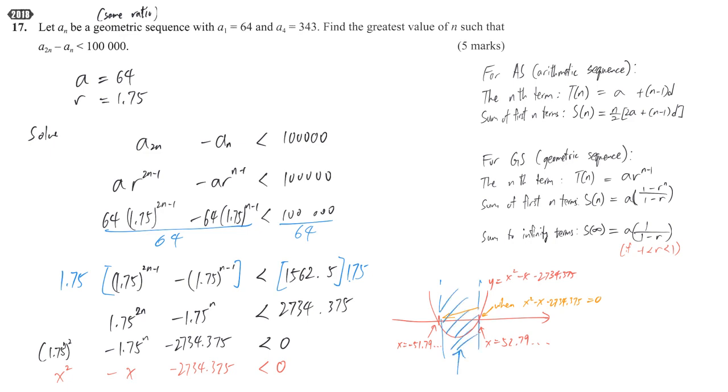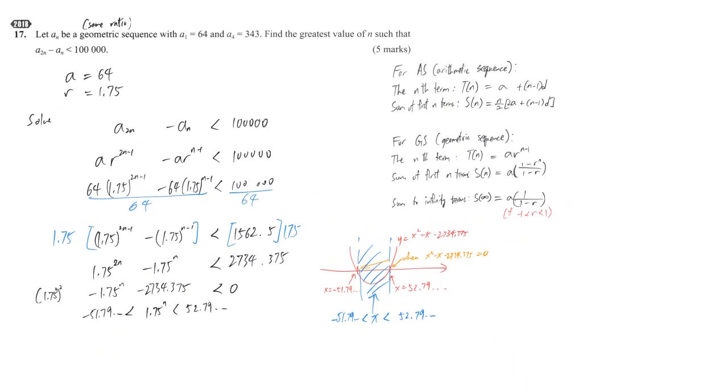We are going to write down that this region is x within the two boundaries. The upper bound is 52.79 something, and the lower bound is negative 51.79 something. Or we directly write down that 1.75 power of n, meaning x, is between these two boundaries. Afterward, now we have to think how we can draw n from the exponent.